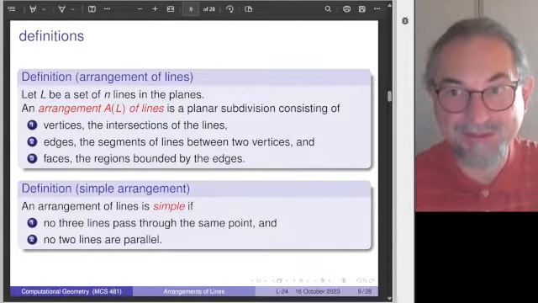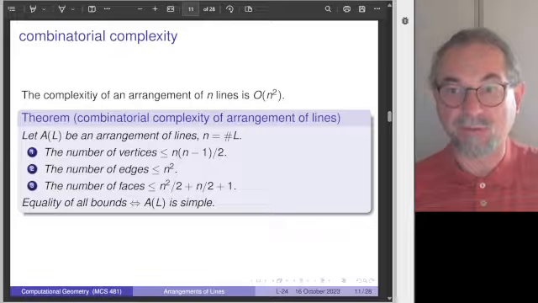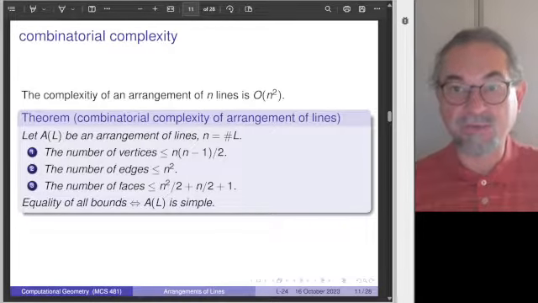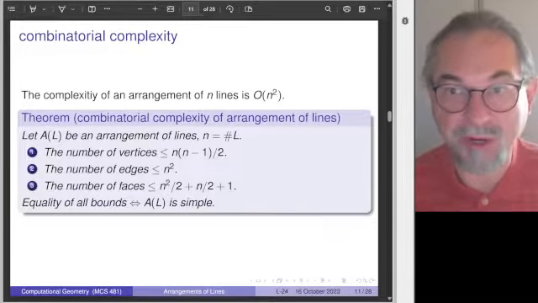There is also the number of edges, which can be at most n squared. Every line is intersected by n minus 1 other lines. That's also to keep in mind. And we will also prove a bound on the number of faces. These bounds are sharp. That's also what we experienced in the first calculations with SageMath.